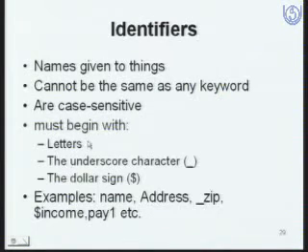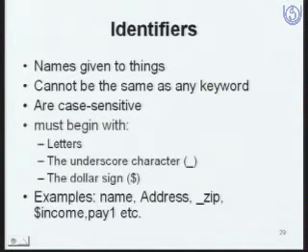For example, when you define a variable, or your own class, or your own method in the program, then these names are called identifiers, which are used to identify a particular thing and to differentiate various things in a program.